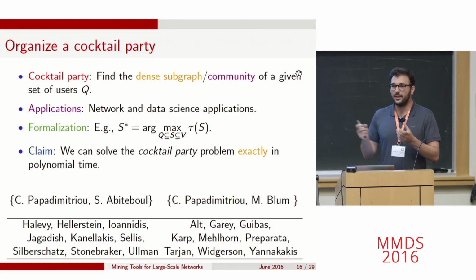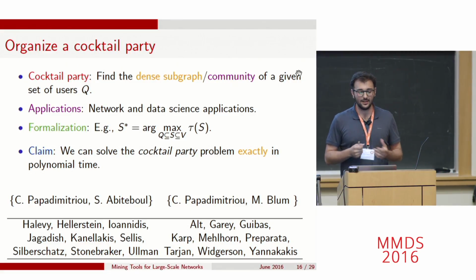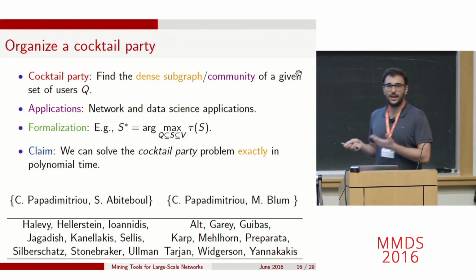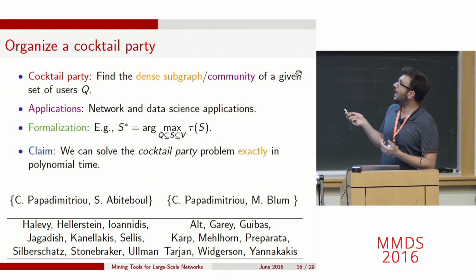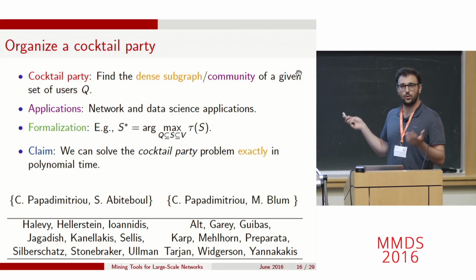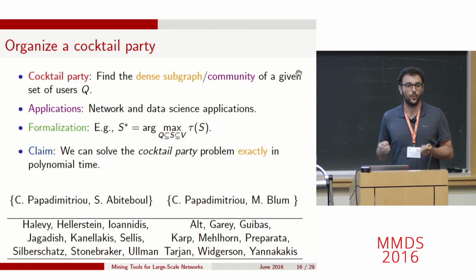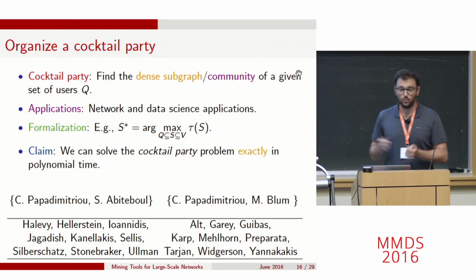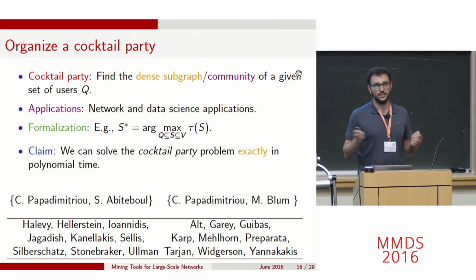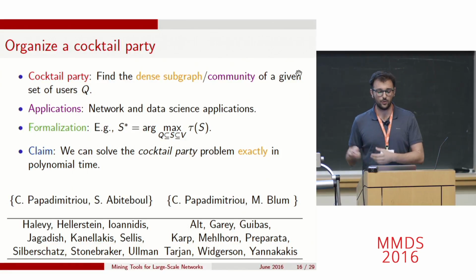So assuming edges are a notion of friendship and similarity between nodes, we can formalize this kind of cocktail party as maximizing some notion of density, let's say the triangle density or the k-clique density, subject to the optimal set S should contain the query set Q of nodes that we care about. And we can solve this in polynomial time. Again, for the details, you can see the paper.